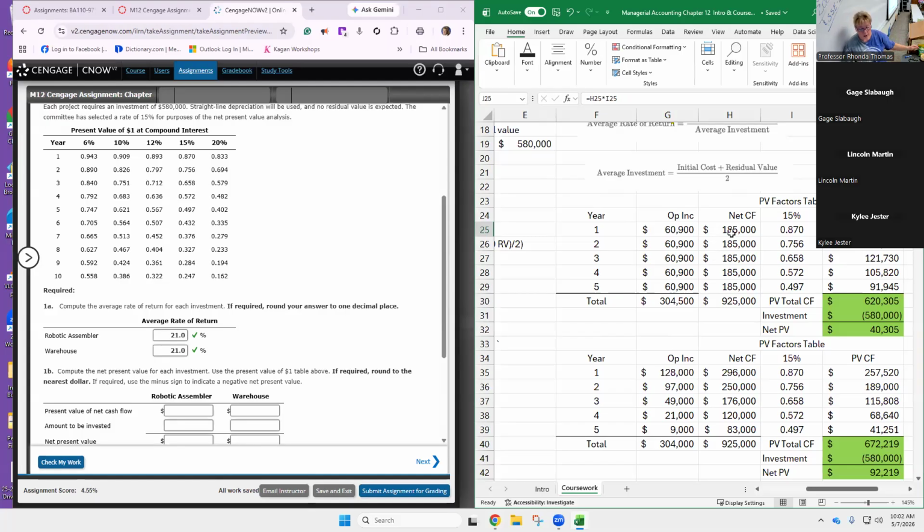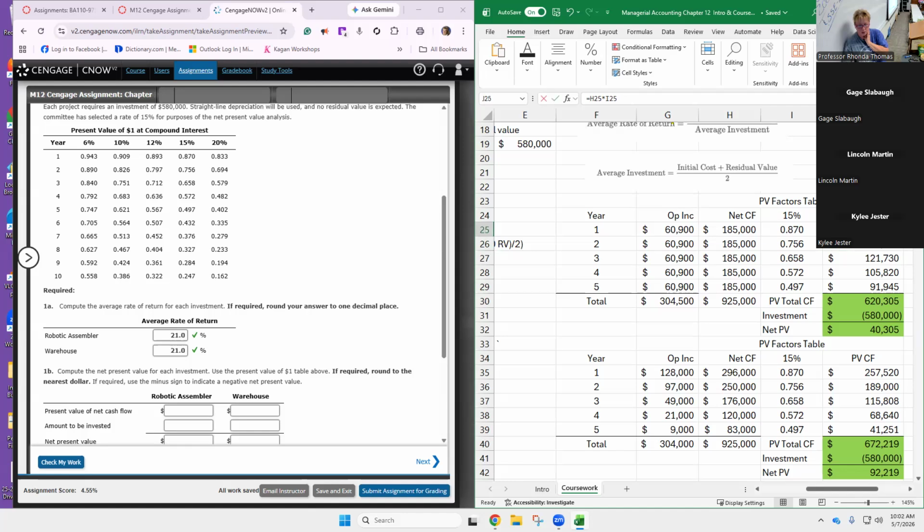And even the first year's cash flow is discounted. That's what they call it when you're using present value. It's less than what the real amount was because a year has passed. Okay, so as you go down through here, you'll see that each of these that was 185,000 is now a different number because of the factor being different, right?